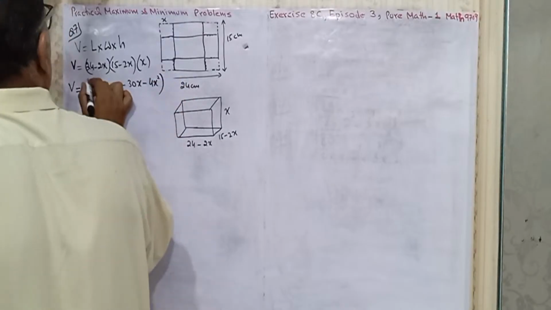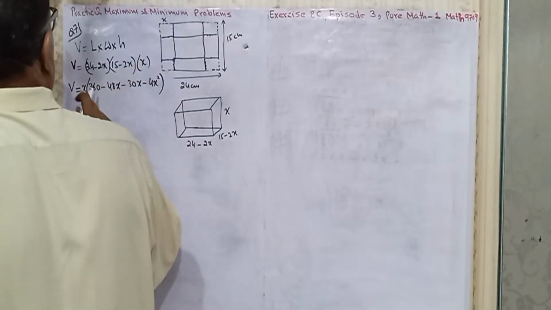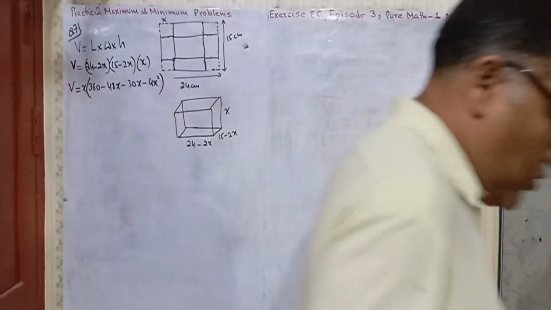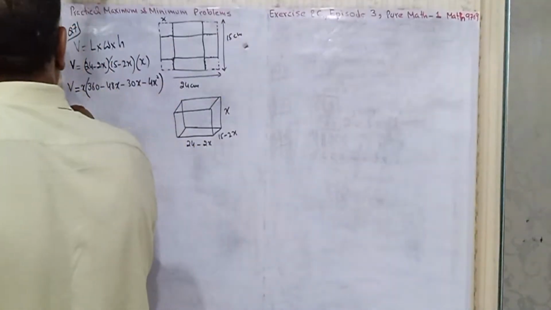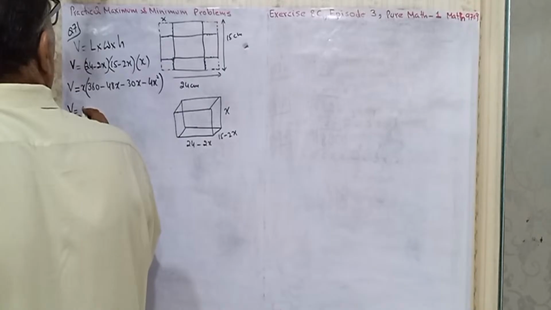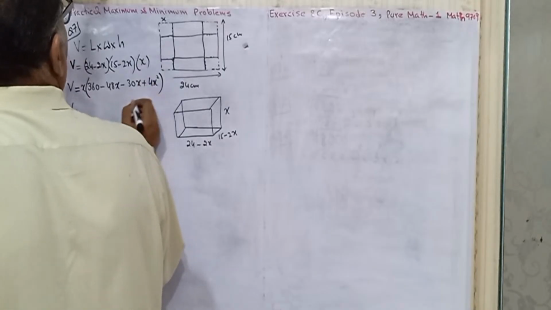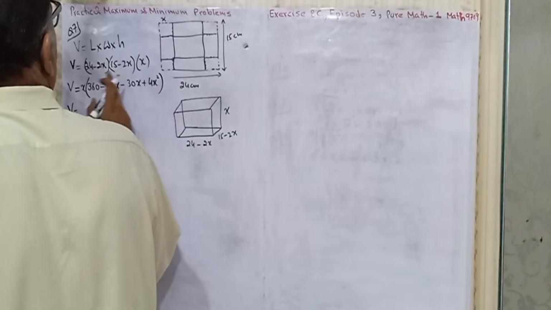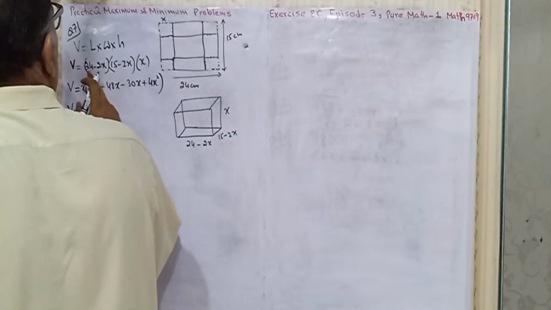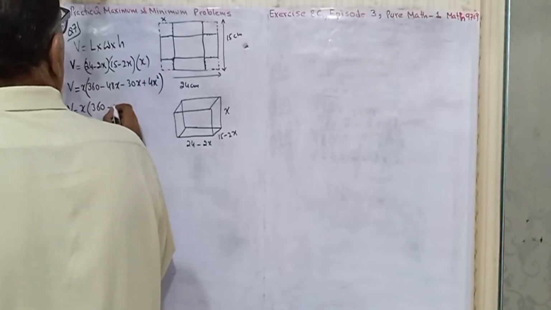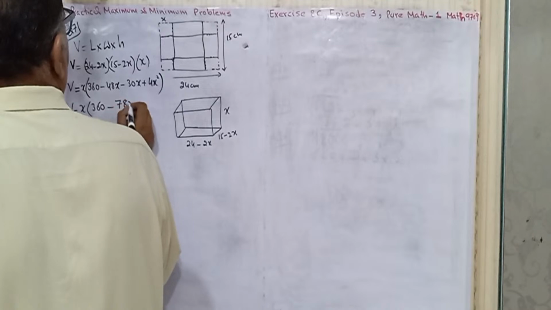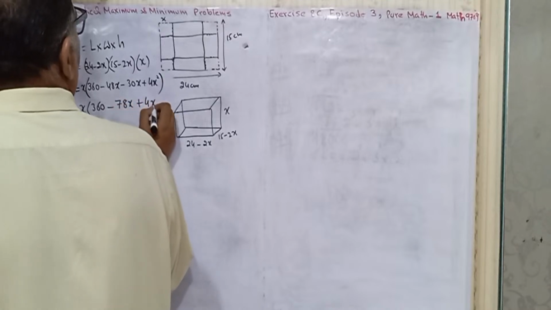The x I wrote at the start. So I multiplied the first 2 brackets with each other, and the third one, the x, I wrote at the start. So you will have 360 minus 78x plus 4x squared.